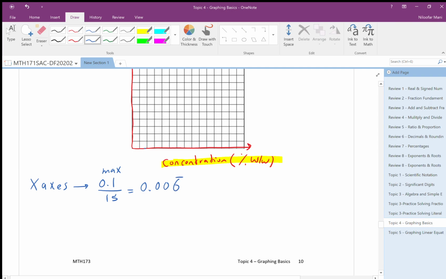I find 0.006 forever. And I told you, when I have 6 forever, when I have 3 forever, I multiply by 3, because it's not really easy to say the first one is 0.006, the next one is 0.006 multiplied by 2, the next one is 0.006 multiplied by 3.